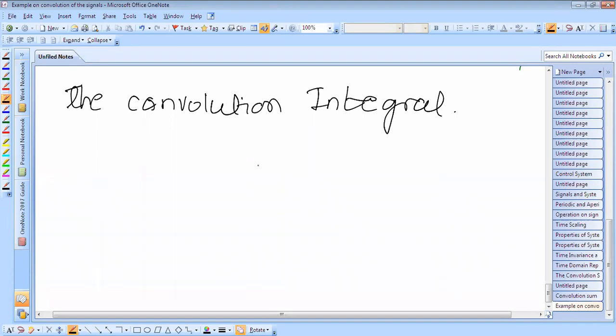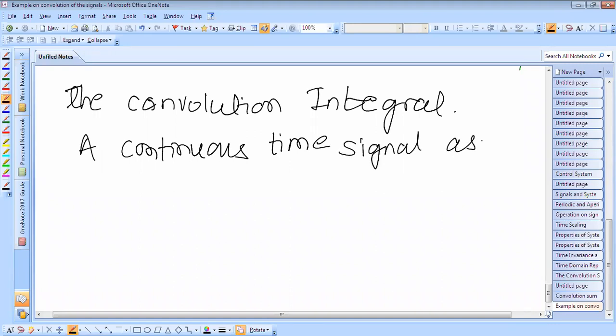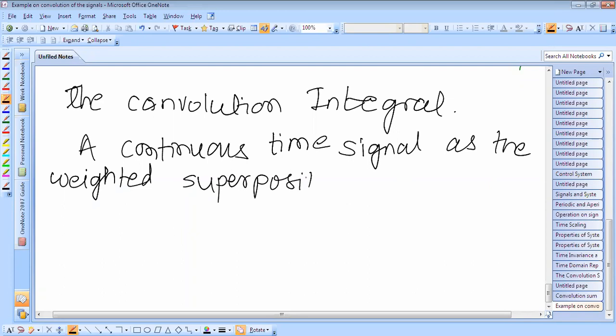So we first express the continuous time signal as the weighted superposition of time shifted impulses.